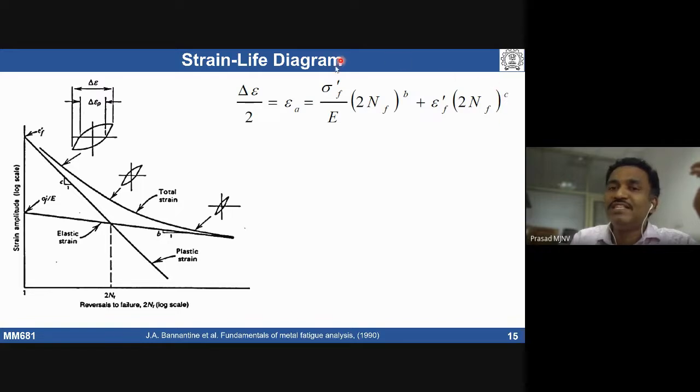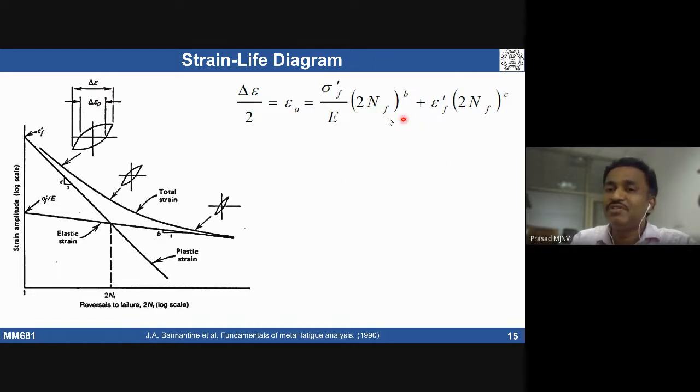This is called the Basquin equation. The elastic deformation curve is taken care of by the Basquin analysis, and the plastic deformation part is taken care of by Coffin-Manson. The Coffin-Manson equation takes care of the plastic deformation part. Together they give you the total strain amplitude, which can be expressed like this.